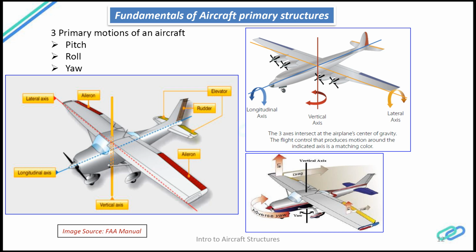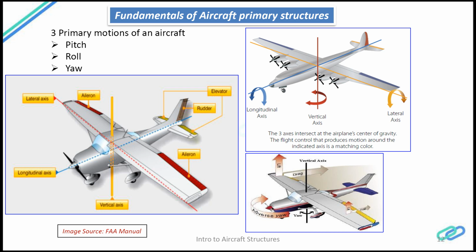When the wind is passing the aircraft, it pushes this rudder, causing the effect for the aircraft to move, and then it will make the aircraft turn.